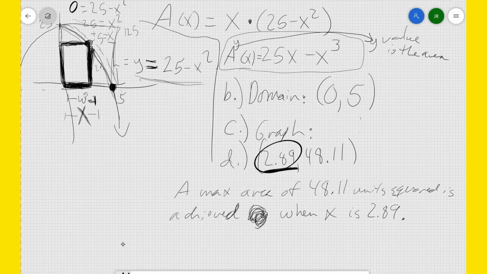That answers the question very thoroughly, but all you have to do to answer the question that it actually asks in MyMathLab is just to put that x coordinate right there, because that's all it asks for.